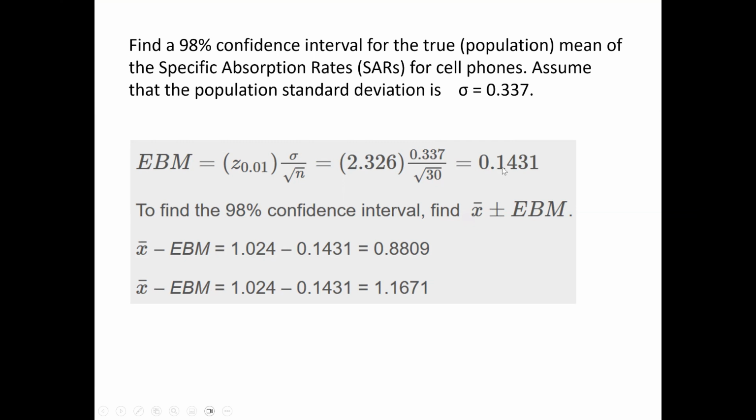So the error bound of the mean is 0.1431. So our sample average is 1.024, and the confidence interval is 1.024 plus or minus 0.1431.